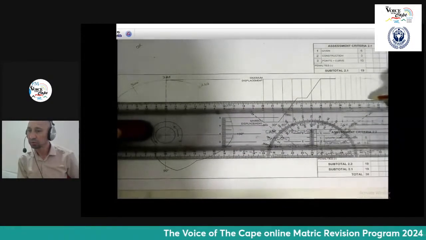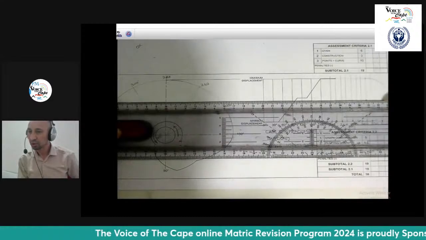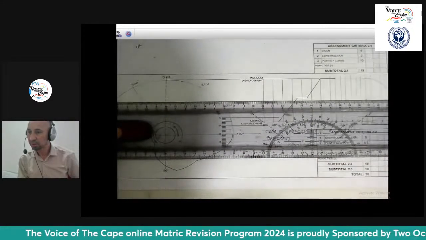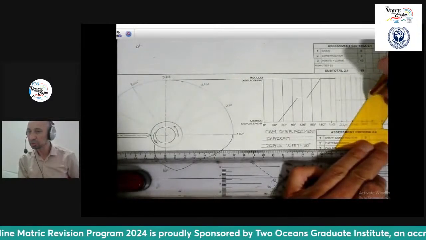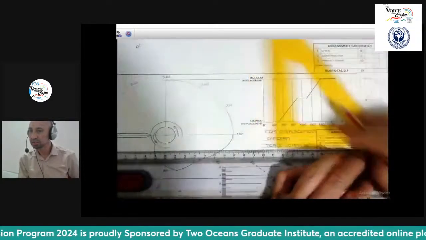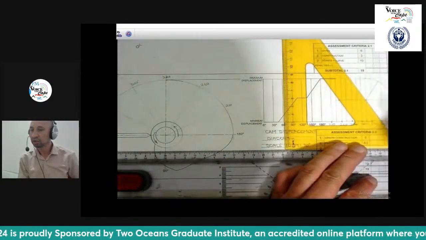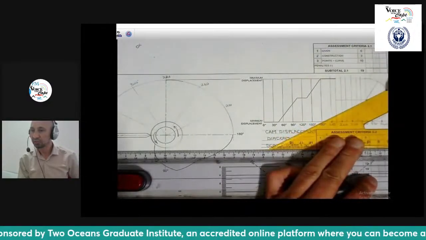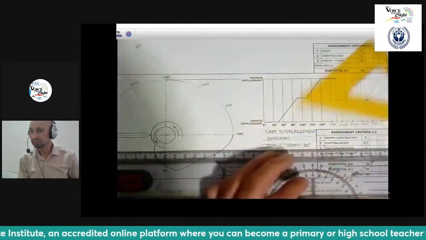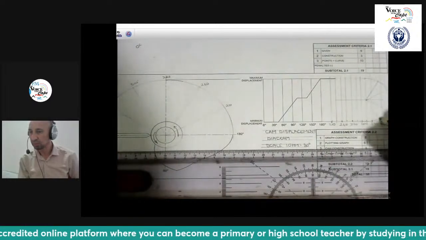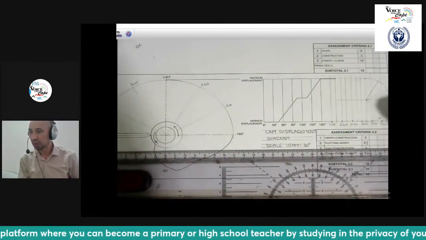I will now divide it and draw a line across. That's my middle line, right? Then I'm going to use my set square, 30 and 60, to divide my semicircle into 6 different parts. They have done the divisions. These are the points on this half circumference.